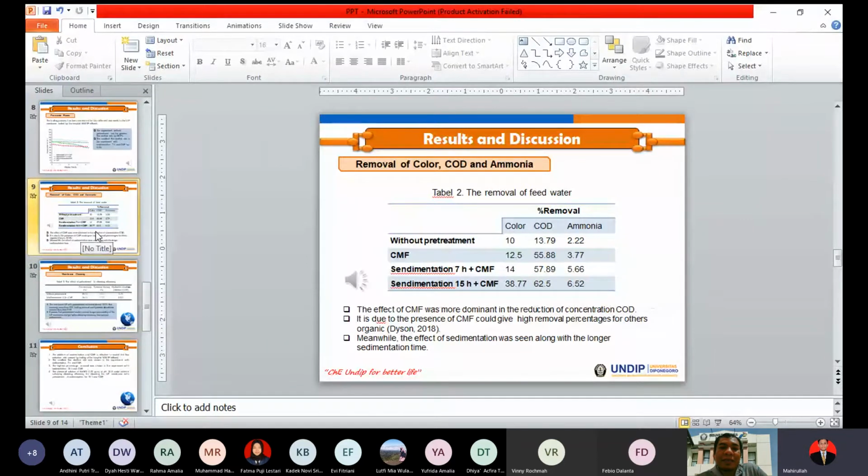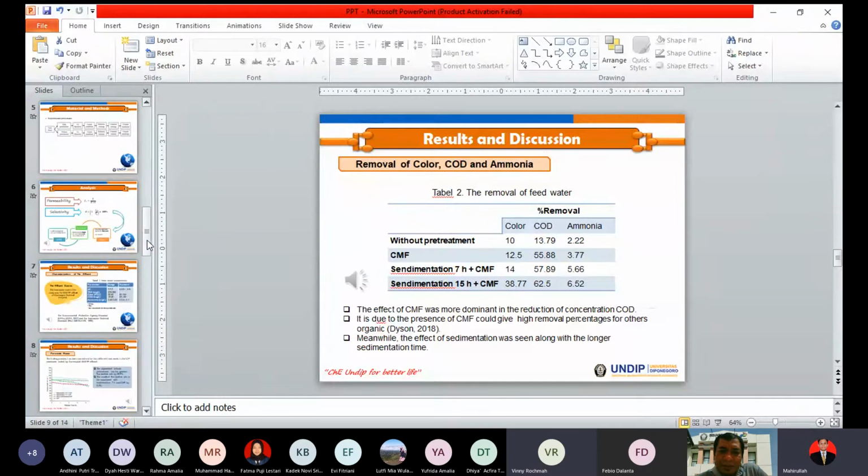Because the color here, I'm very sure, will reflect how the total solid data is. Yeah, unfortunately, you didn't analyze the TDS on this result.